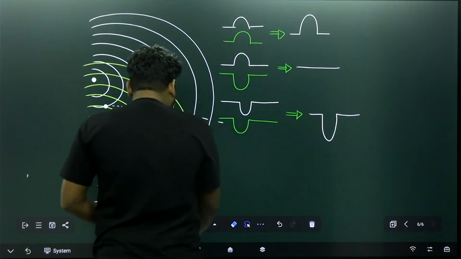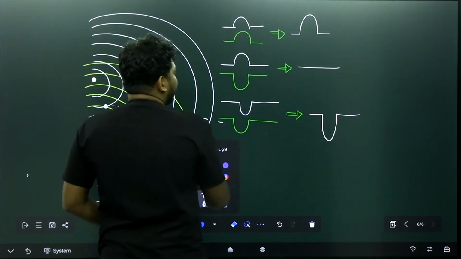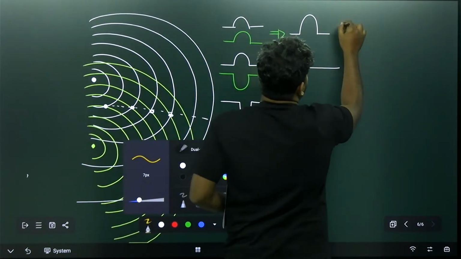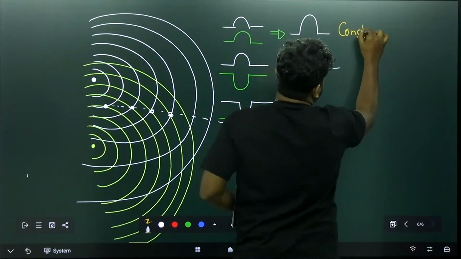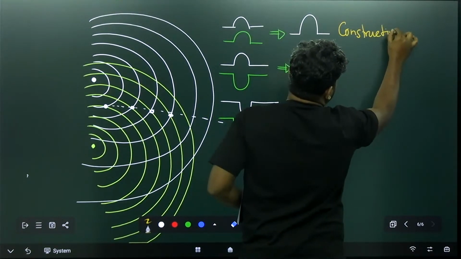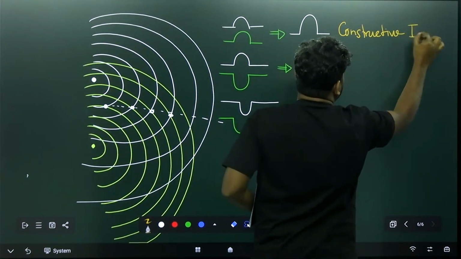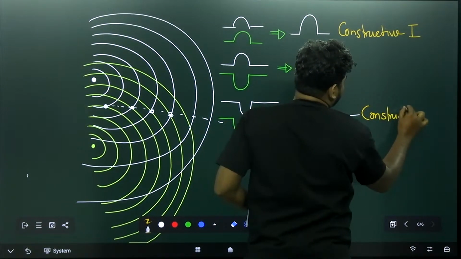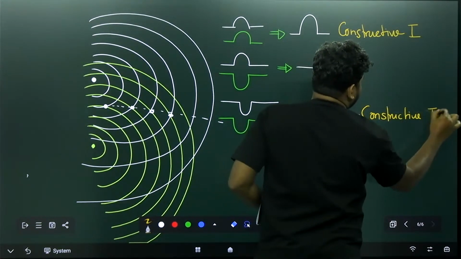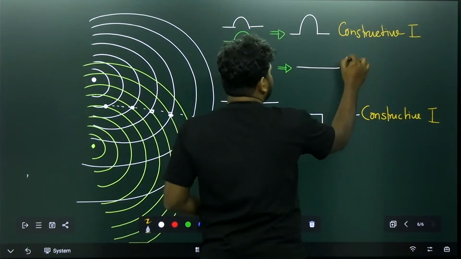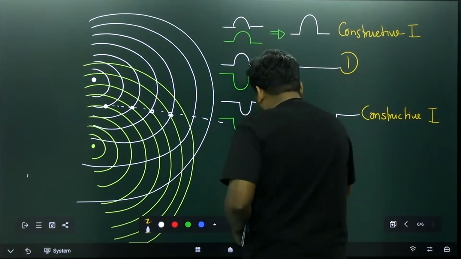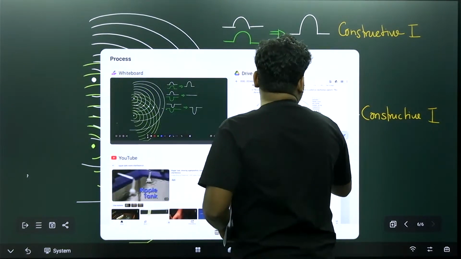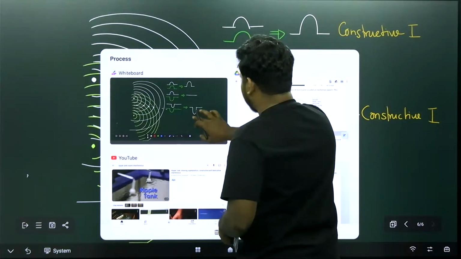This is constructive interference. This is also constructive interference. But this is destructive interference. You can see here.